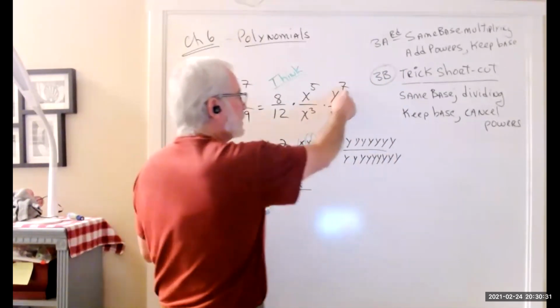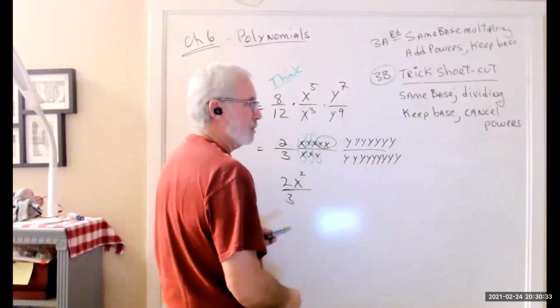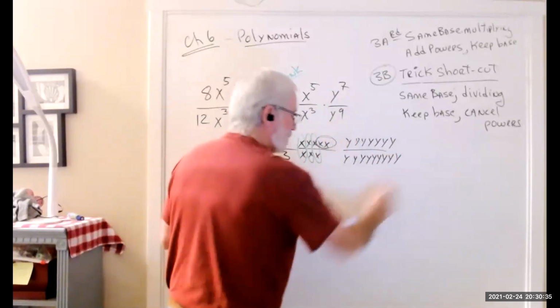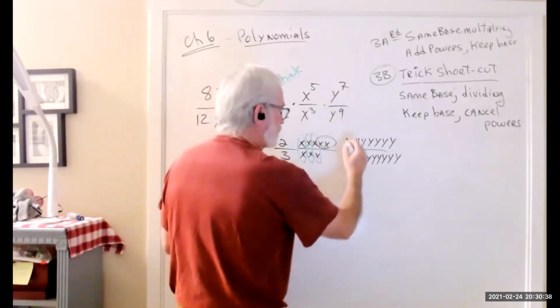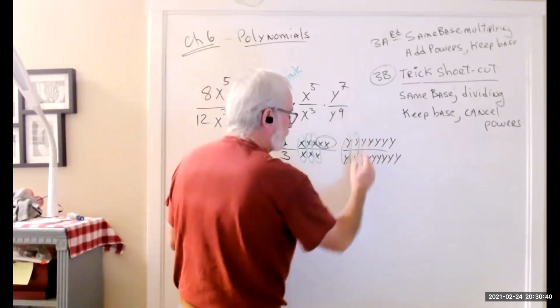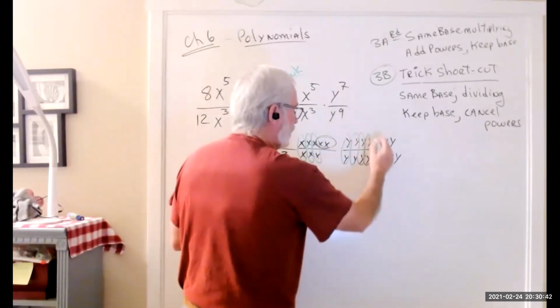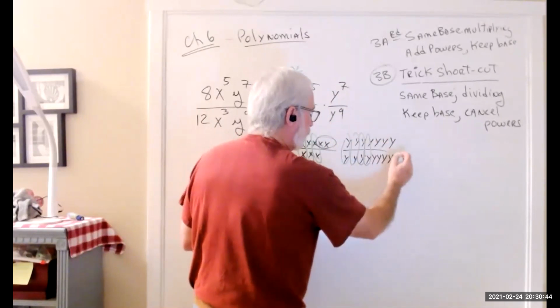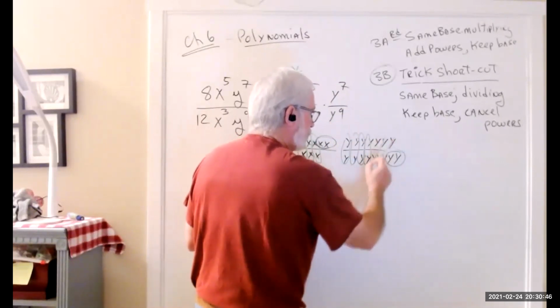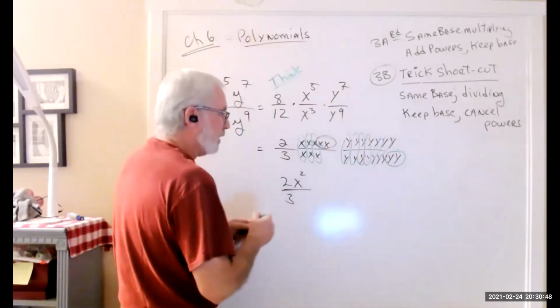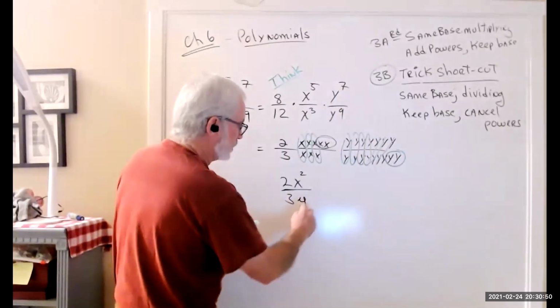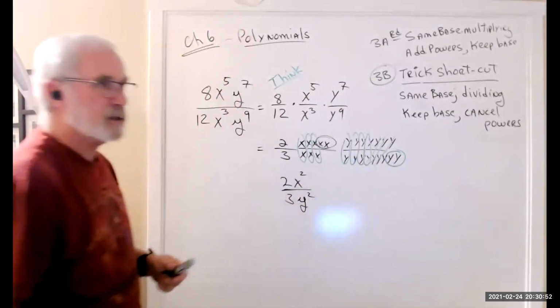That's what y to the 7th really means, and what y to the 9 really means. It means a whole bunch of them. But look at this. These cancel, and these cancel, and these cancel. In fact, everybody cancels except those two. So what are you left with? Y to the 2nd on bottom, and you're done.